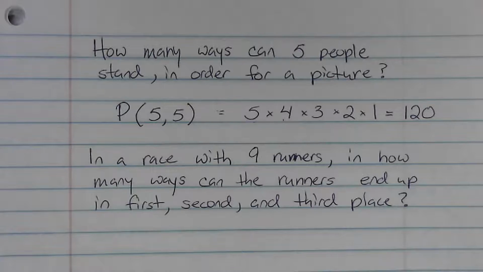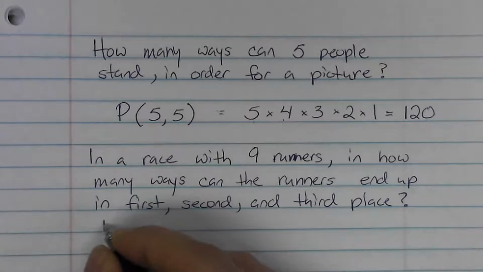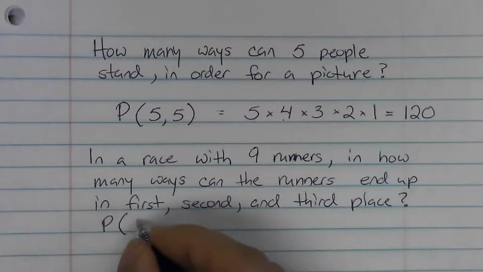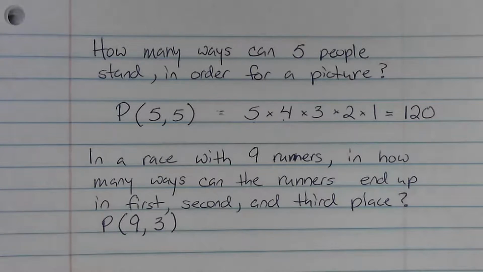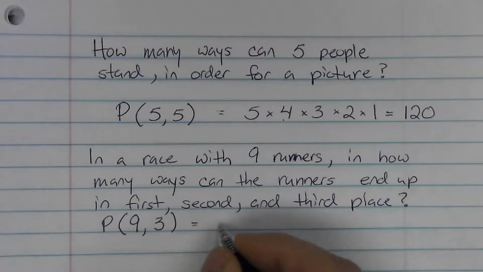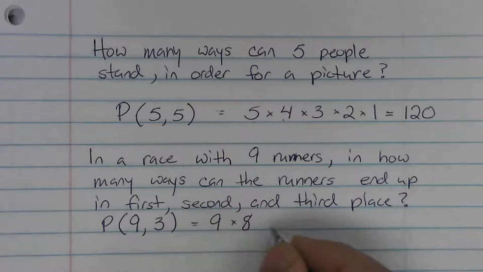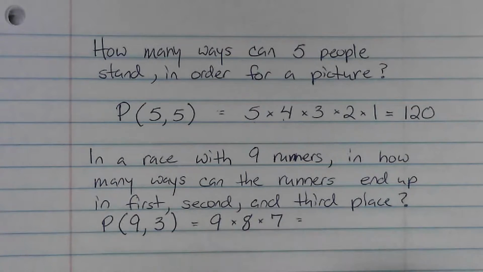Okay, next, suppose there's a race and it has 9 runners. In how many ways can the runners end up in first, second, and third place? If this was not a word problem, it would look like this. Permutation with 9. We're starting with 9, and we have 3 factors: first, second, and third place. We only care about the first 3 positions. So start with 9, and again, 3 factors. So 9, then 8, then 7.